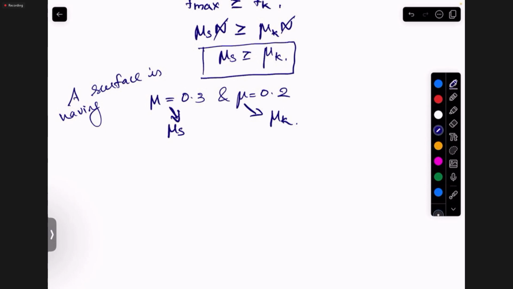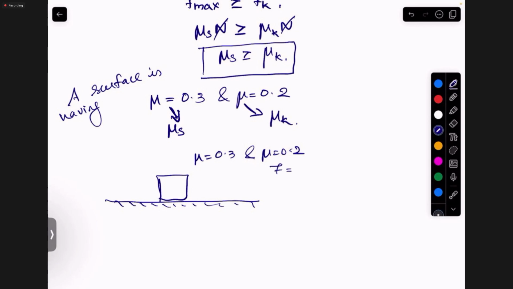For problem solving, I'm saying there is a surface, and a block is placed over it, with two mu values, 0.3 and 0.2. Calculate the acceleration of the block when F equal to 5 Newton and F equal to 100 Newton.